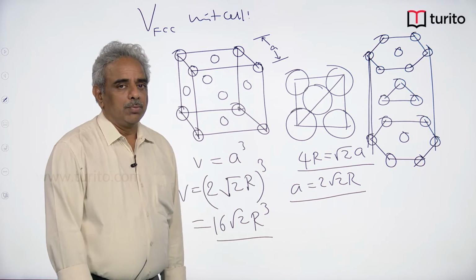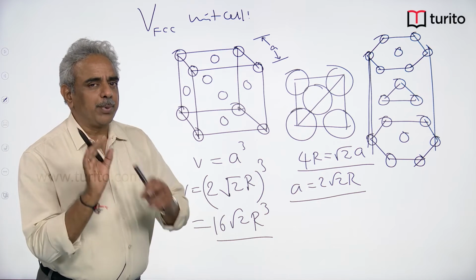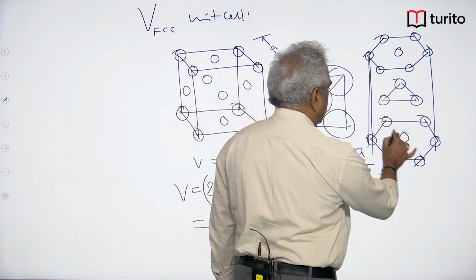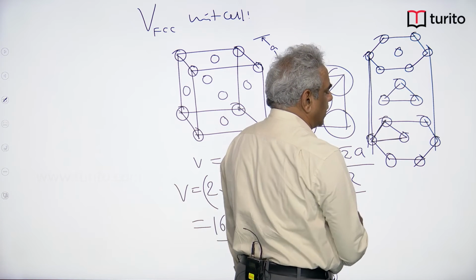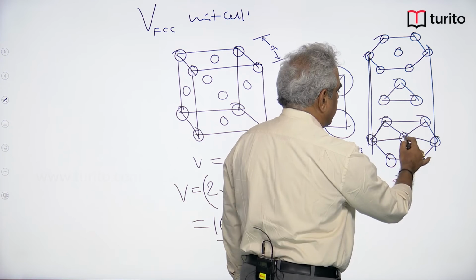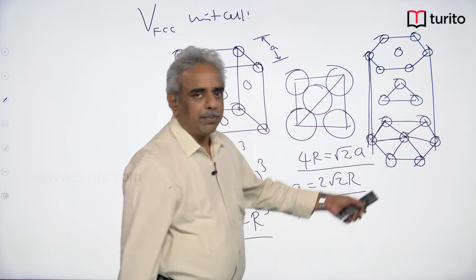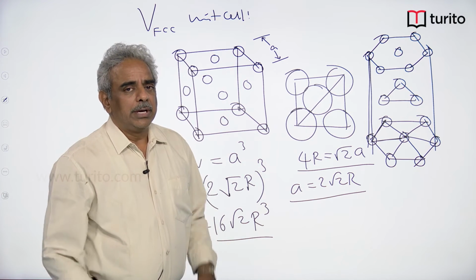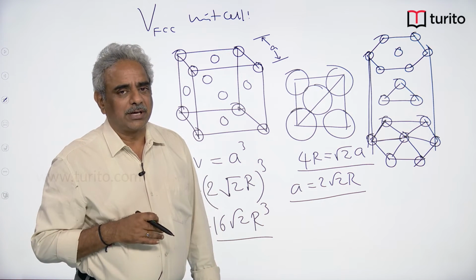How to calculate the volume of this unit cell? Actually, there can be methods like you calculate volume of this triangle, and there are 6 such triangles, multiply with the height. Calculating the height is a tough task. Instead, we can go by a simple logic.